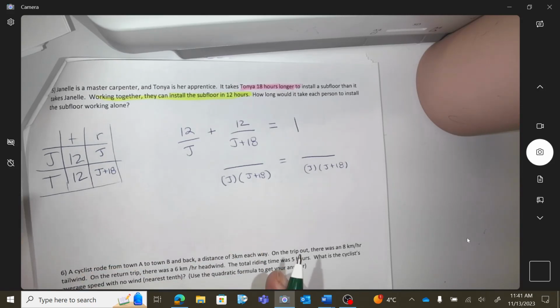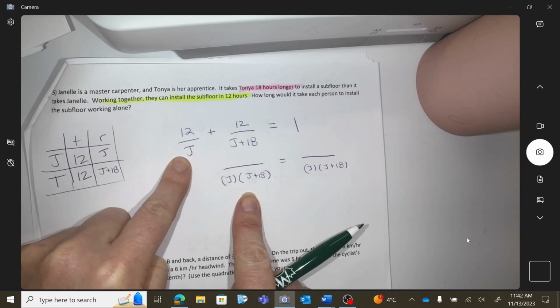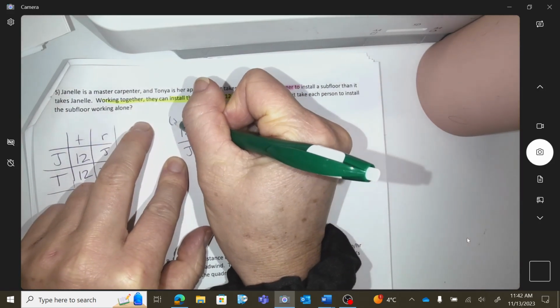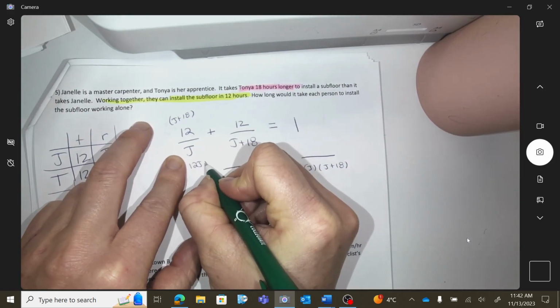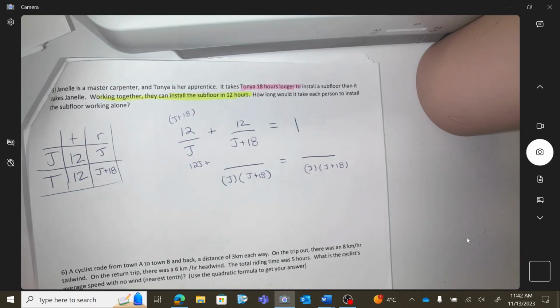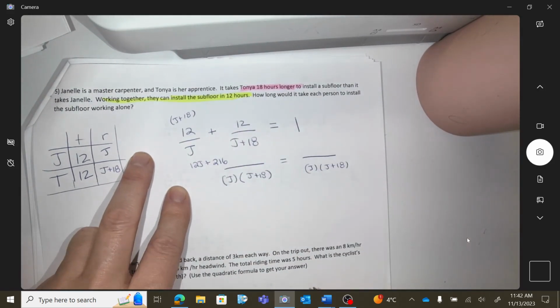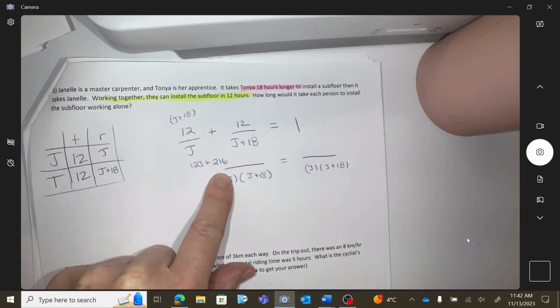Okay, now we go through the process. Look at the bottom, look at the new bottom. What happened? A J plus 18 happened. So 12J plus 216.